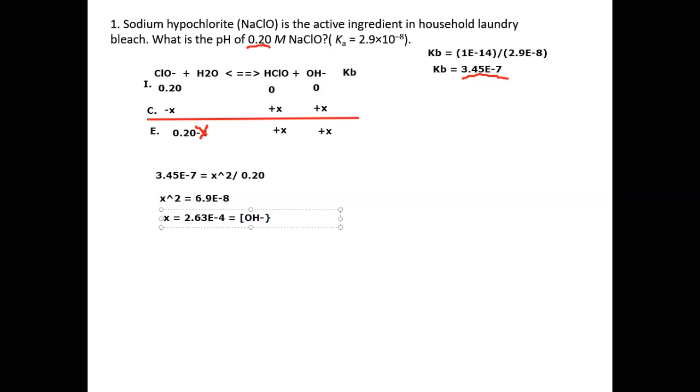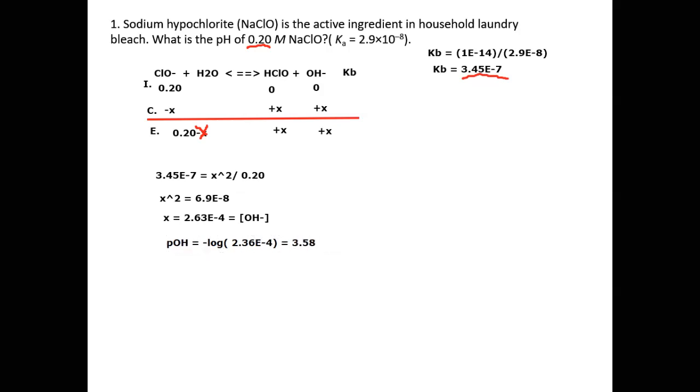hydroxide concentration. And so the pOH equals a negative log of 2.63 e to the negative 4, which is 3.58.